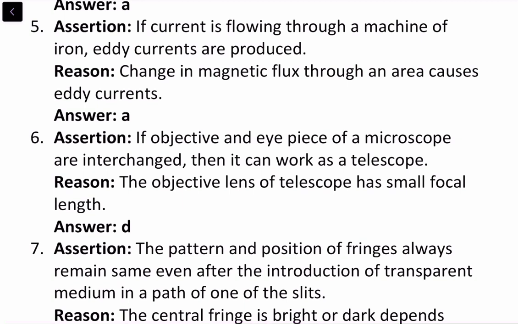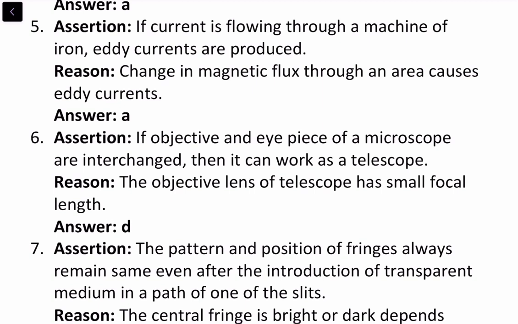Generally, we have 2 lenses in a microscope. These 2 lenses have short focal length. Therefore, the difference Fe minus Fo is small. We know that. But in a telescope, we know the objective has much larger focal length than the eyepiece. Now, in this case, the assertion is false.